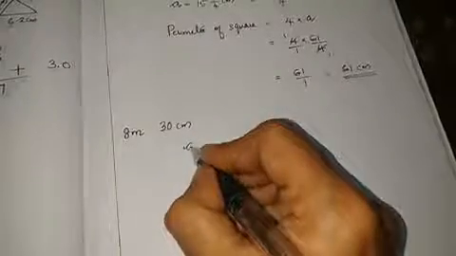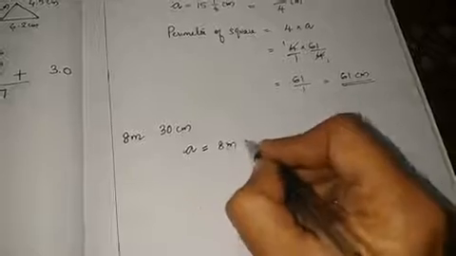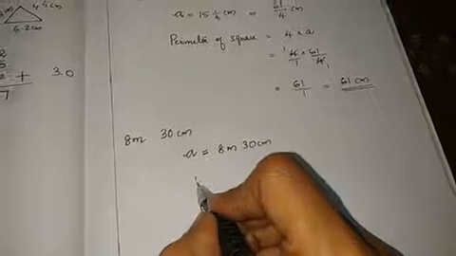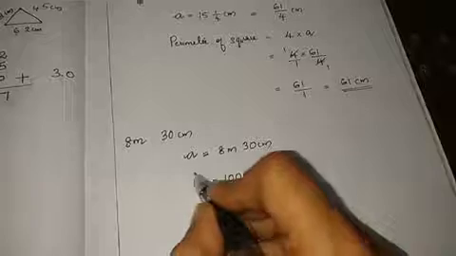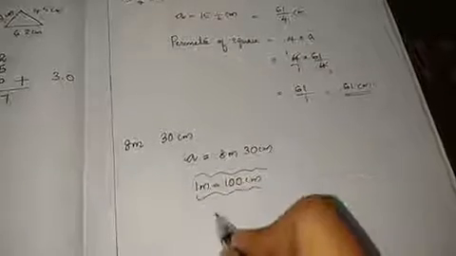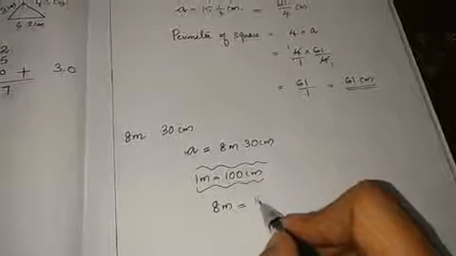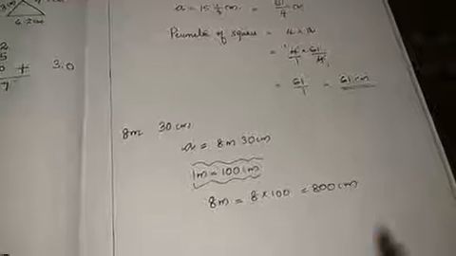What's the length of the side? 8 meter and 30 centimeter. So this one we have to change it as in 1 unit. So here meter and centimeter together. I have told you 1 meter means how many centimeter? 100 centimeter. Right? So 8 meter means how many centimeter? 8 into 100. 800 centimeter.